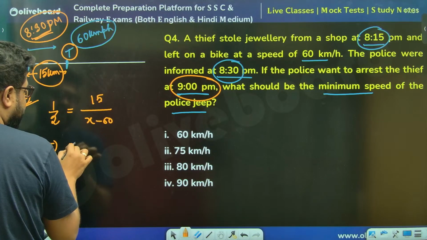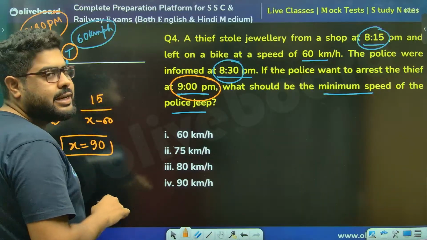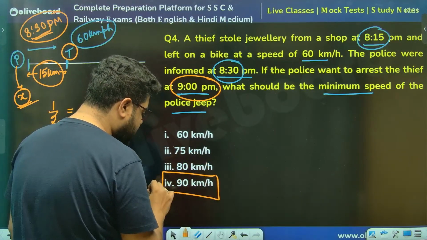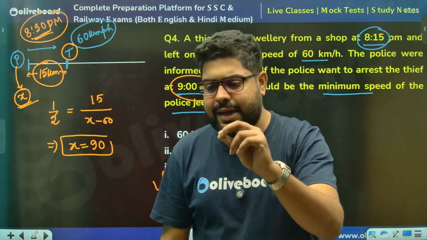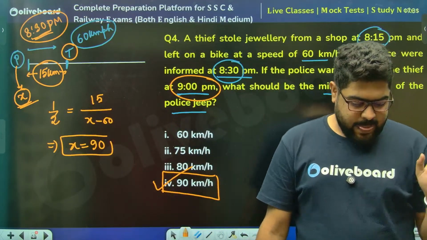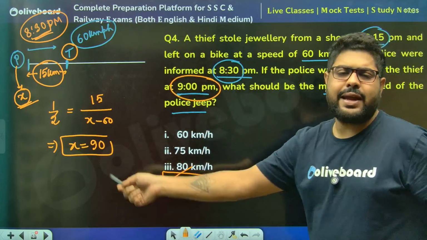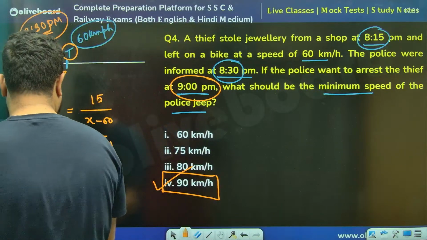So just calculate, the value of X will be 90. You see, 60 plus 30 is 90. So the minimum speed has to be 90 kilometer per hour so that they will be able to catch the thief exactly at 9 o'clock. Perfect, sir. Very, very, very simple. You see, couple of lines of solution, but again the given story is pretty good.